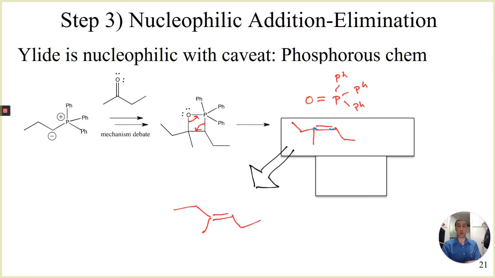And that becomes important because when we draw that out, what we should now see is that we get these two large groups that are located on opposite sides of the double bond, meaning we have a trans configuration, okay, or an E configuration. This is really important because the mechanism is now telling us this.